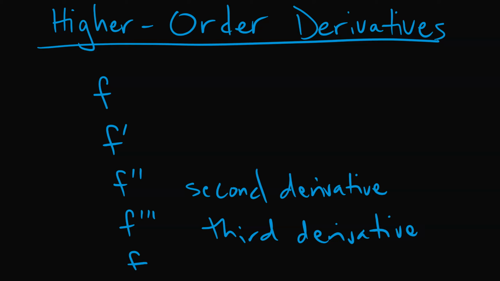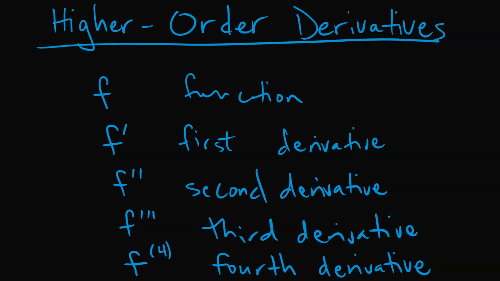After the third hash mark, we put a 4 in parentheses, and the parentheses help distinguish it from a power. So it's not f raised to the 4th power. The parentheses mean we're taking the derivative. And for any integer greater than 4, you would just use parentheses to denote that derivative. And I went ahead and completed that table there.